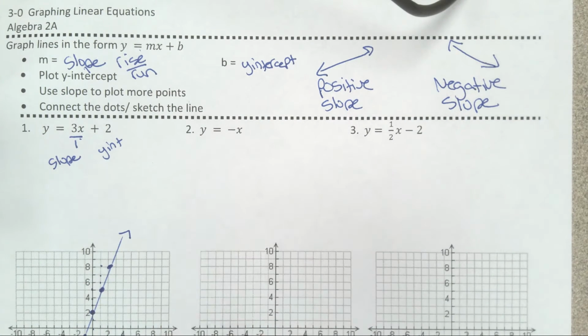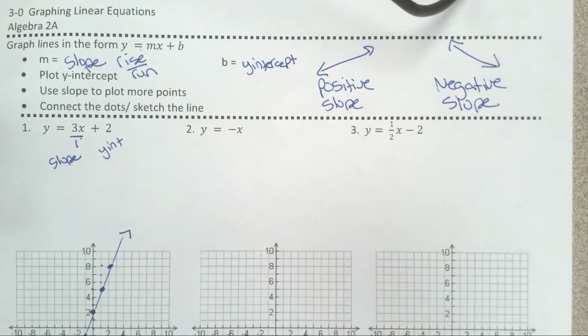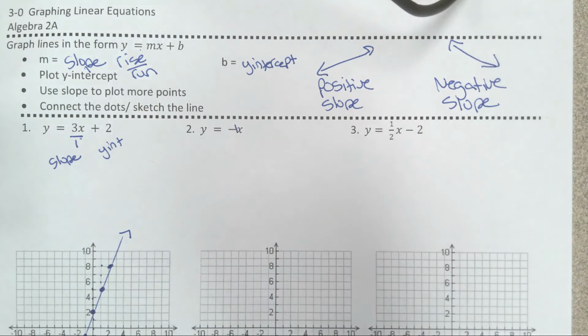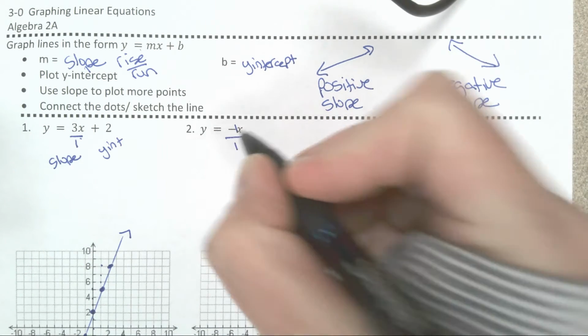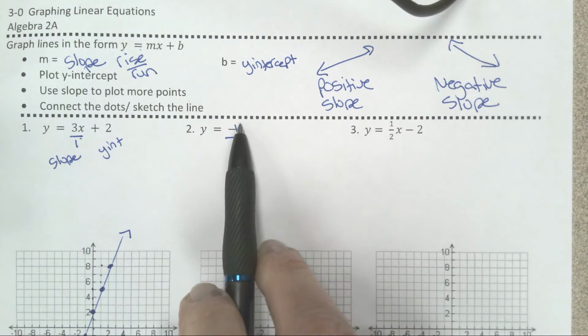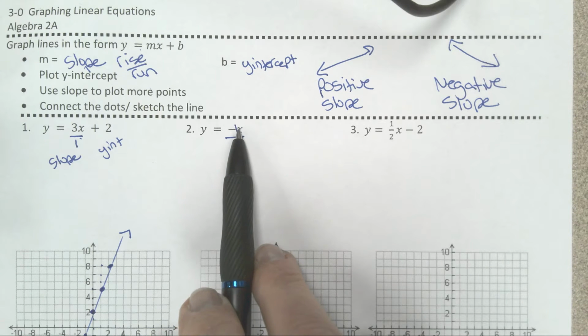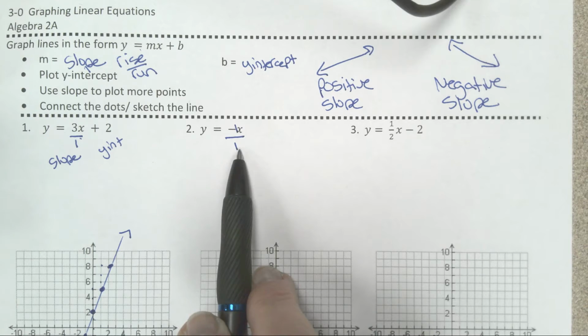All right, so number 2 has a negative slope. If there's no number in front of x, you can put a 1 in there. So it has a slope of negative 1 over 1. That means I'm going to go down 1 and then right 1.